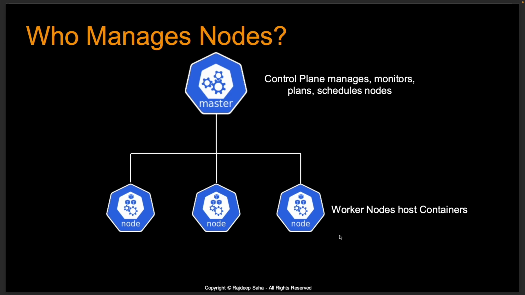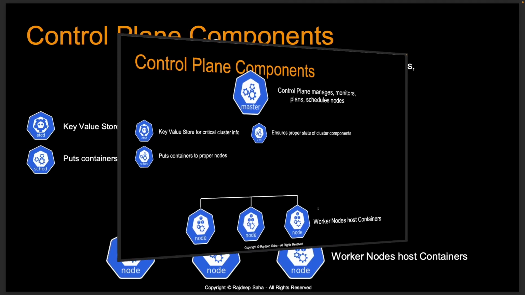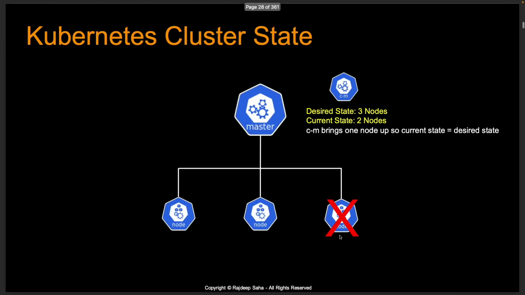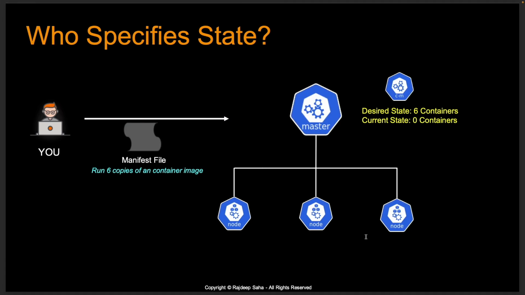That means there is a pod here, which is the smallest atomic unit, and in it we run whatever container we have. So that is the worker node. If your node fails, your master node detects that one of your nodes has failed and will recreate another node.